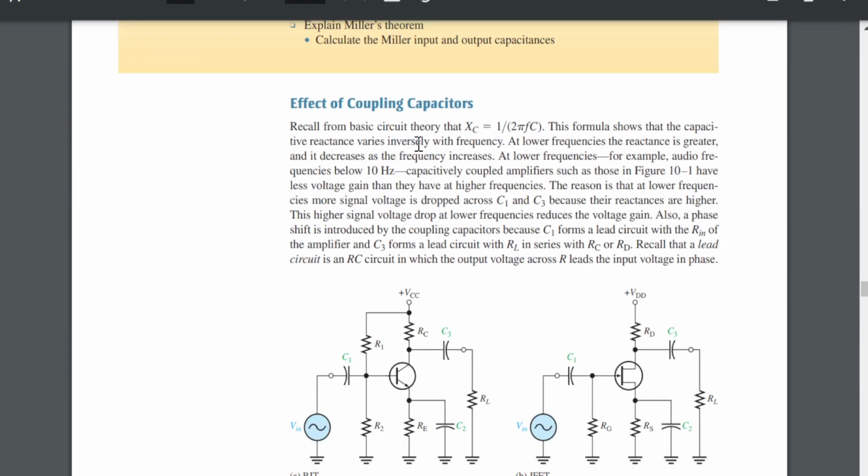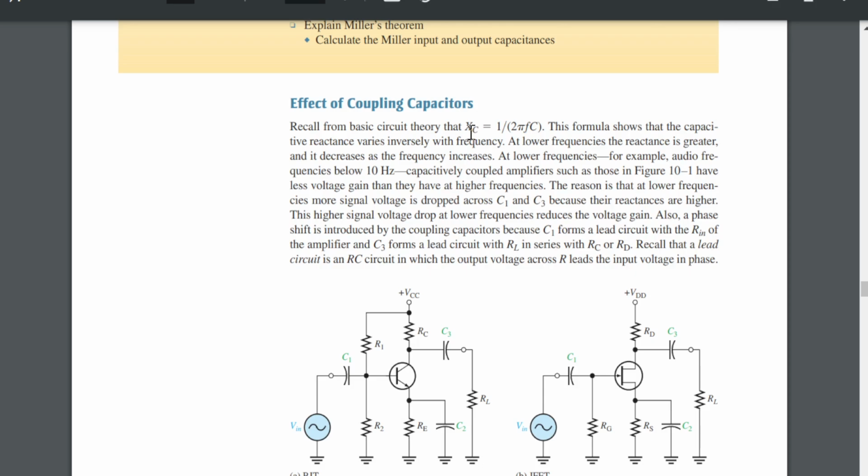So let's go first to the effect of the coupling capacitor. This is the capacitive reactance, with the formula we have studied already: capacitive reactance equals 1 over 2 pi f C, where f is frequency and C is the capacitance of the capacitor.